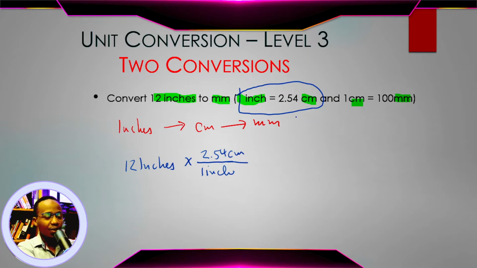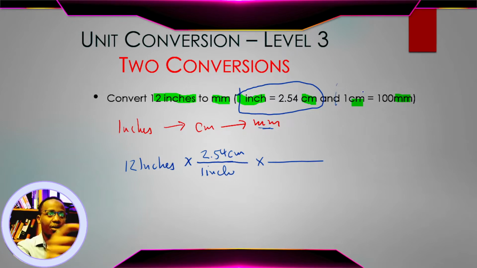So far so good. You just went from inches to centimeters, but we're not done. We have to go to millimeters. What do you do? You multiply by another fraction, and you're going to convert from centimeters to millimeters. So it's the same idea.